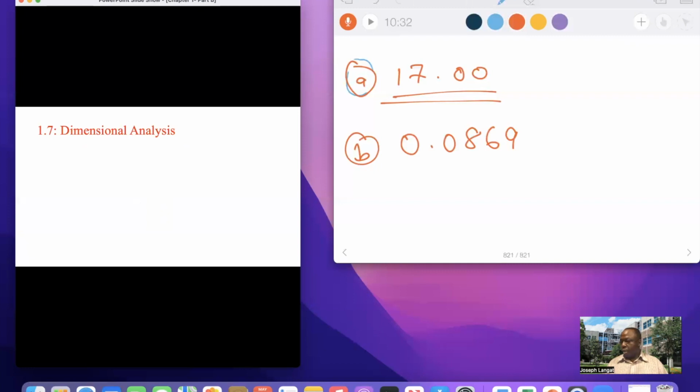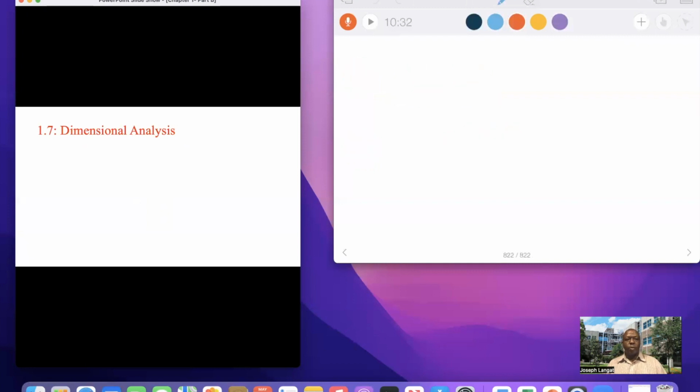Let's look at, lastly, the dimensional analysis or factor label method. Factor label method or dimensional analysis is a powerful method of converting units from one system to the other one, all right?